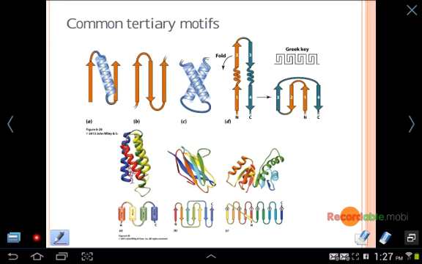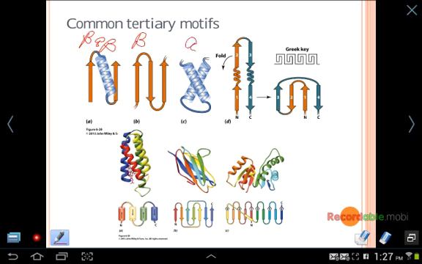Now, we can have some common tertiary motifs that occur by assimilating secondary structures. We can get mixtures of beta-alpha-beta. We can have primarily beta sheet proteins. We can have primarily alpha helical proteins.